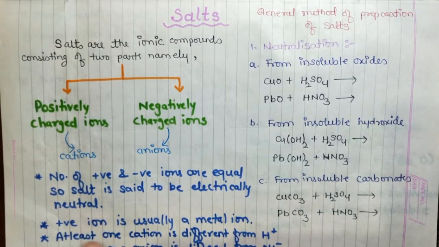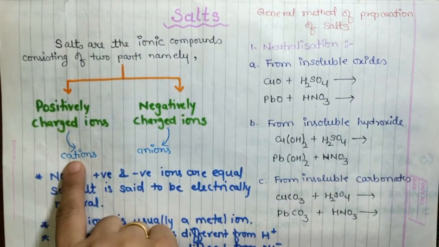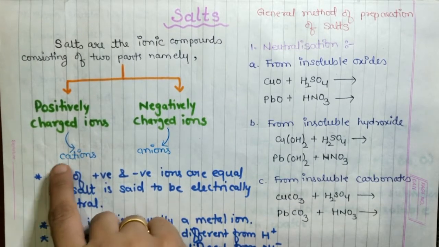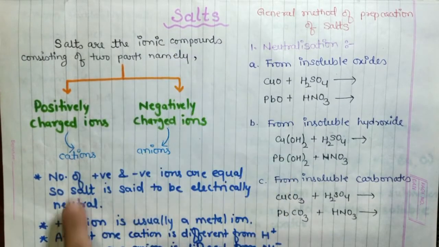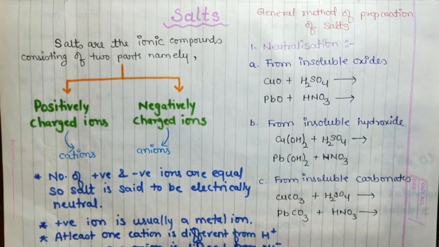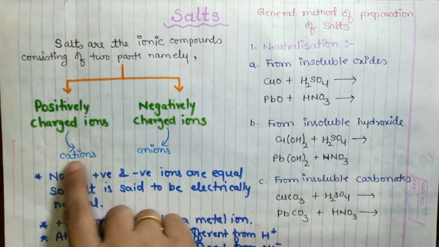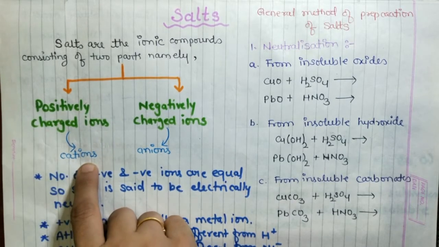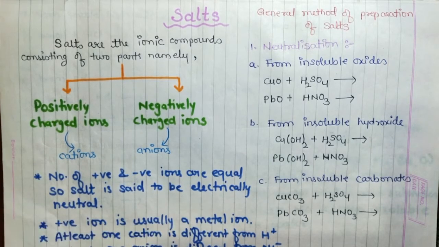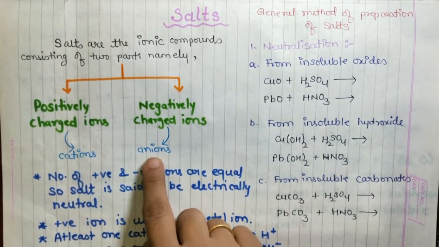The positive ion usually formed in a salt is a cation which is a metal. For a salt, there must be at least one cation that is different from the H plus ion, because in acids the cation is the H plus ion, but in the case of salt it must be different. And the same goes for the anion, it must be different from the hydroxyl ion.